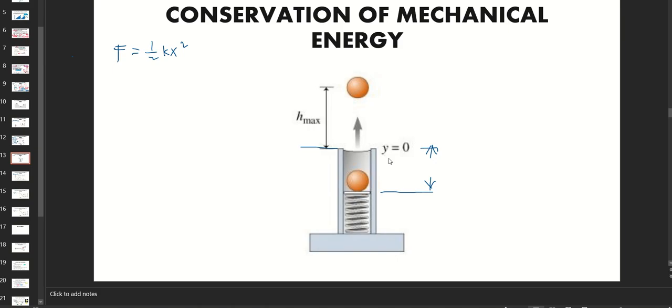Okay. So, nangyari pala dito, yung force na ina-apply mo dito, yun din naman ang force na itataas niyang bola papunta sa taas. Okay.